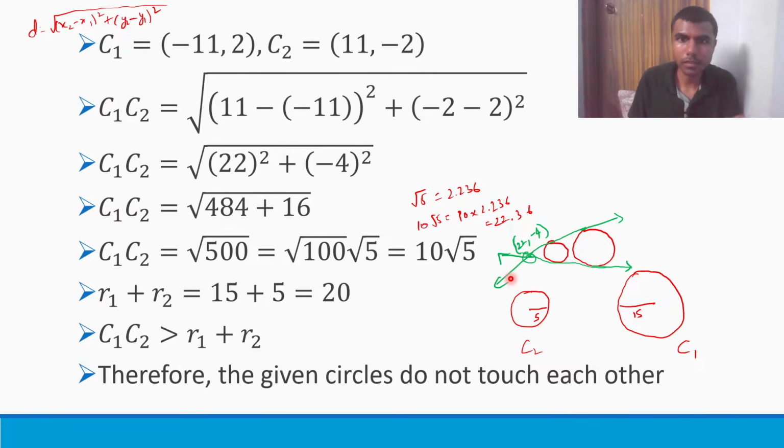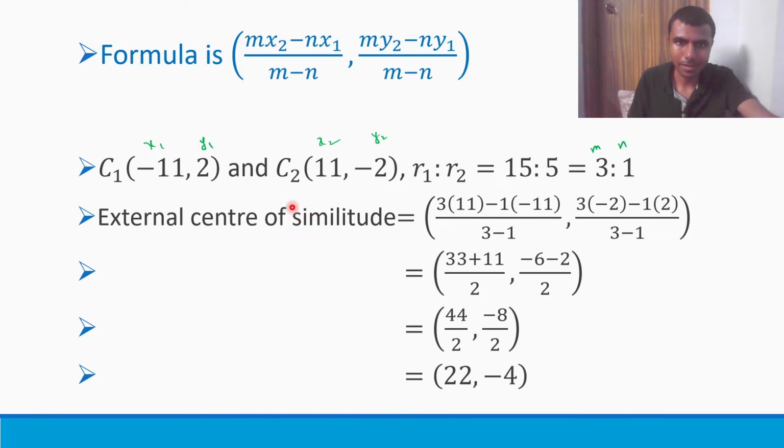See, we do not know this tangent, but we know the point. To find the equation of a line, we need a point and its slope. We know the point but we do not know its slope. So take the tangent slope as m. Now, the equation of the tangent passing through this point with slope m is going to be this.